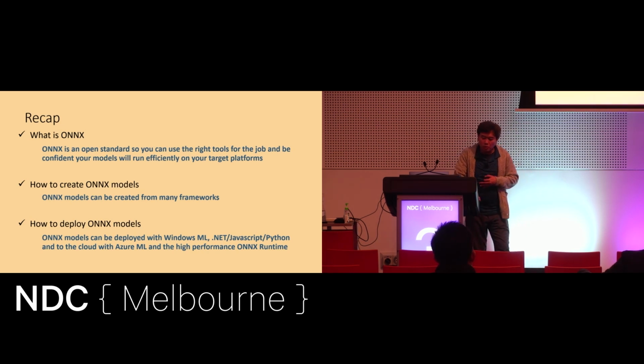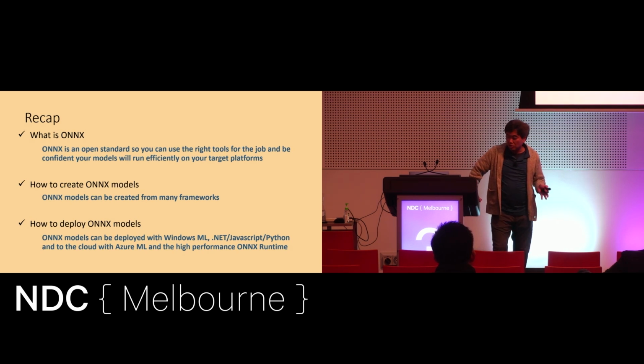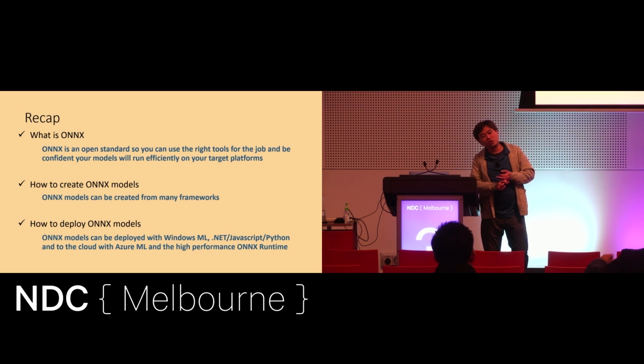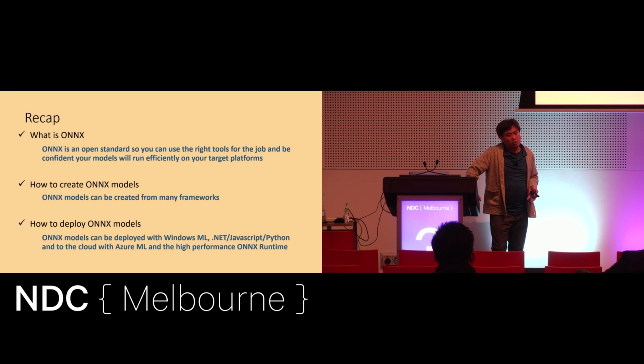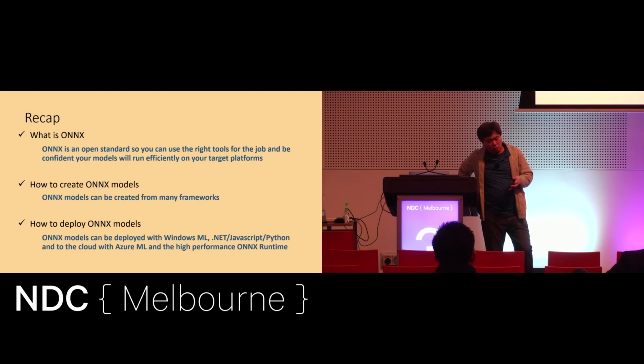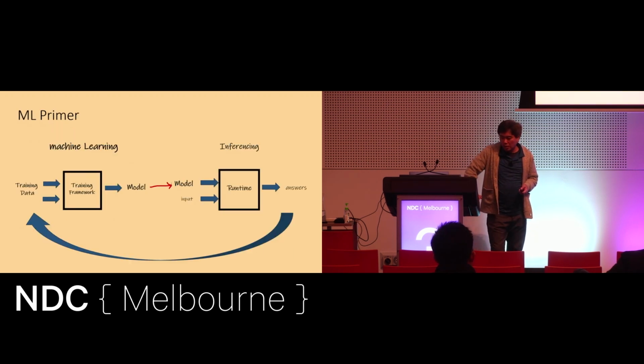How would you deploy it? You can deploy it not just in JavaScript, which I did demo today. There's a way you can integrate it with your .NET application or Python. You can also use Windows ML in order to do this. And of course, if you're going to run it in the cloud, you can use Azure Machine Learning using ONNX runtime.